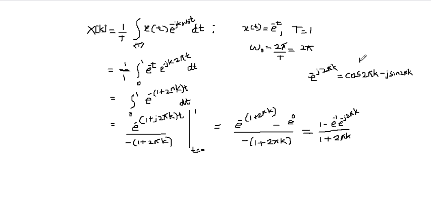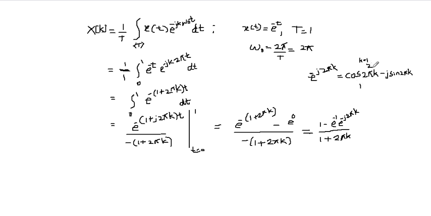K can be 1, 2, 3 like this, between minus infinity to plus infinity, but only integer values. If k is equal to 1, this becomes cos of 2 pi minus j sine of 2 pi, and the value would be 1.